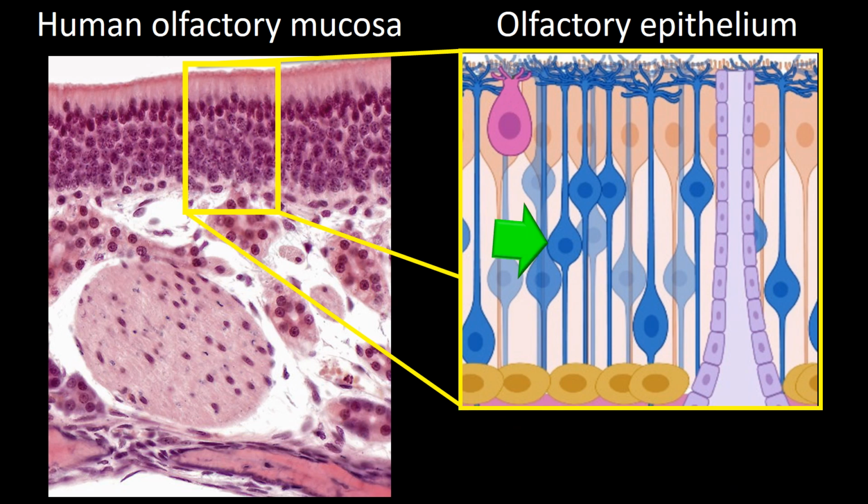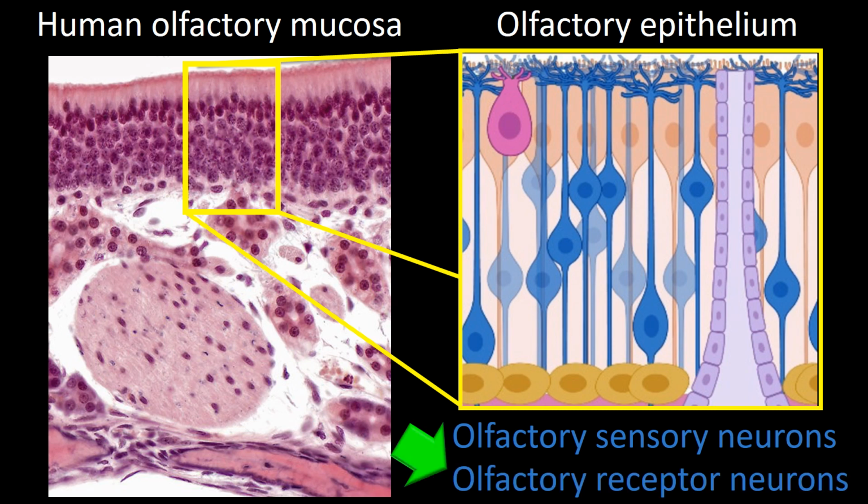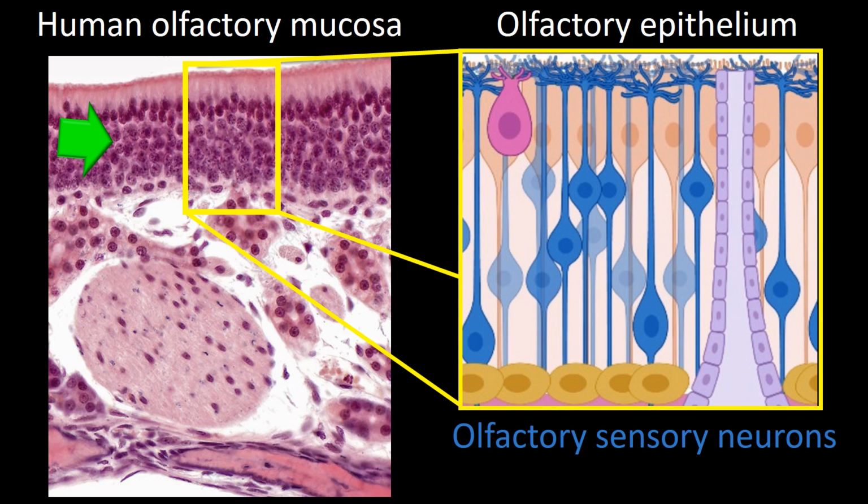In this illustration, in blue, you can see the olfactory sensory neurons, also called olfactory receptor neurons. In the specimen, they constitute the bulk of the cells below the row of sustentacular cells.